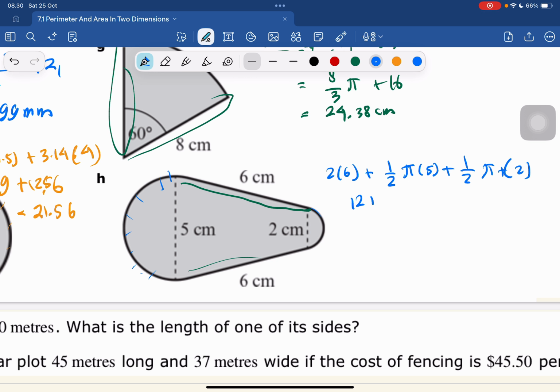It's going to be 12 plus 5 over 2 pi, or 12 plus 7 over 2 pi. Pi is 3.14. So 7 over 2 times 3.14 and then plus 12. This will give us the answer of 23.00 centimeters.